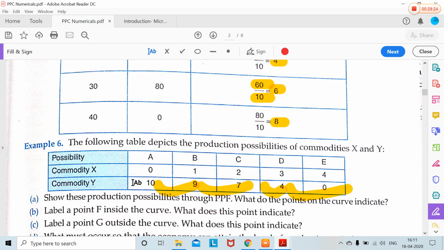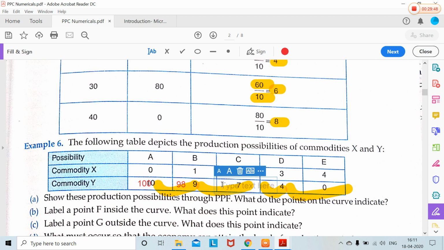Like I could create one example where I write here 100. Then let us suppose I lose 2 units, then this could be 98. So 2 units loss.